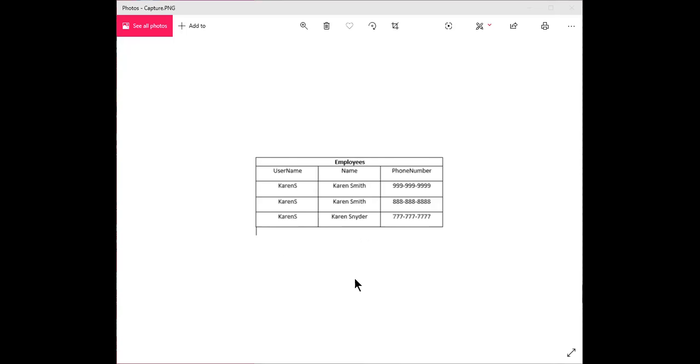Why would an anomaly happen like this? Because having Karen Snyder and Karen Smith as 2 different names for the same username is an anomaly, which means that's not correct. This table is supposed to only have usernames tied to one person, okay?